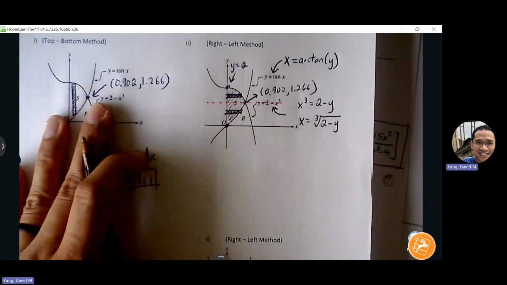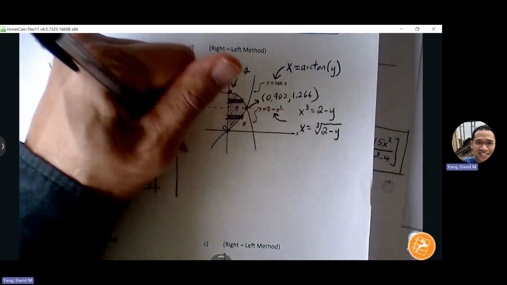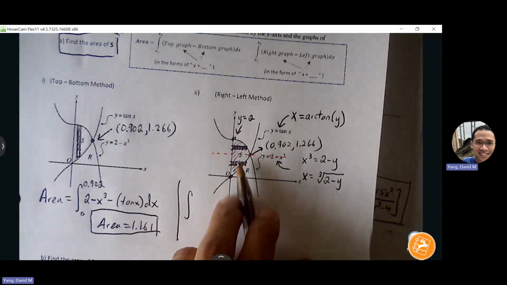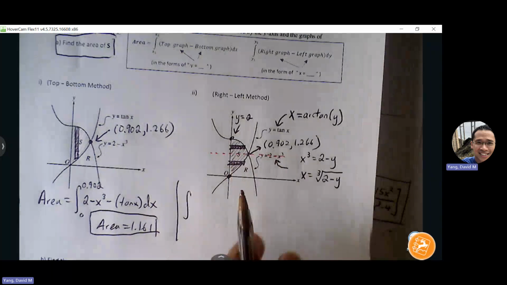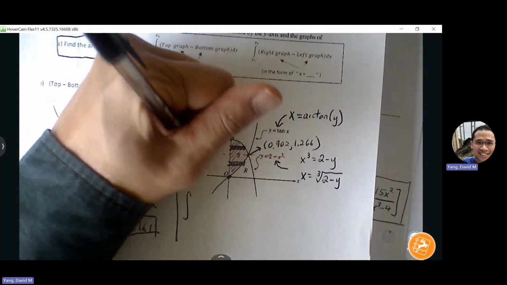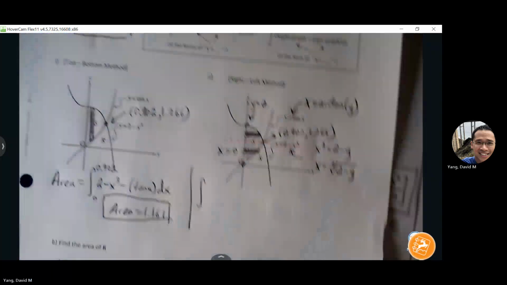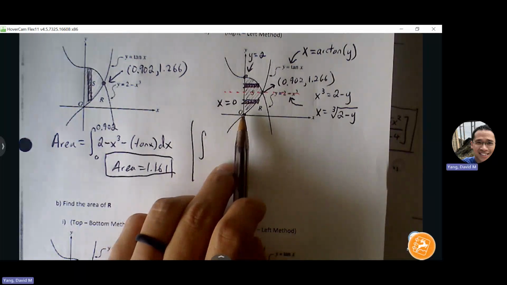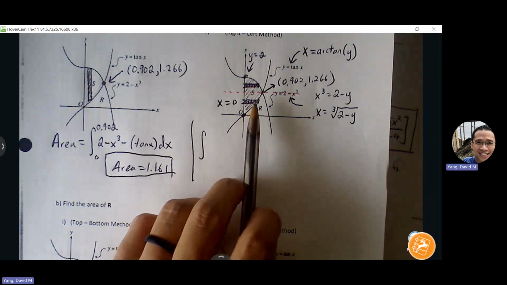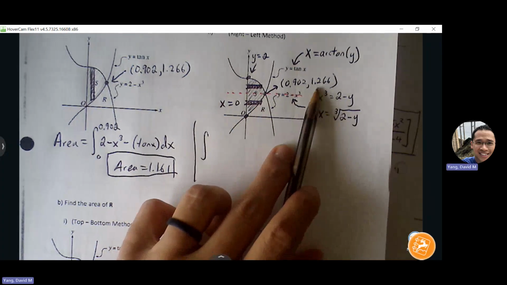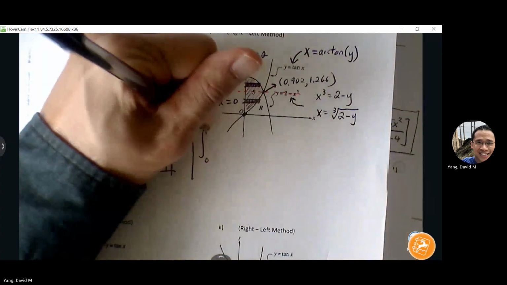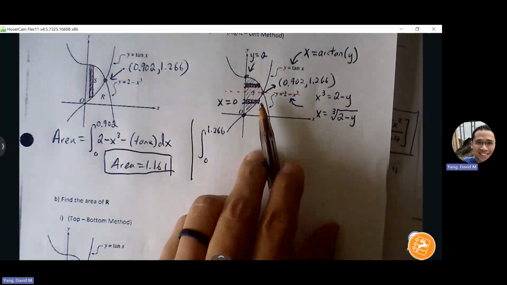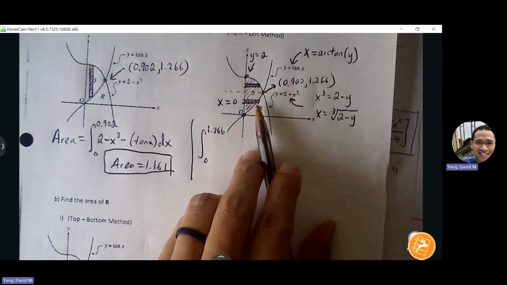All right, so let's set up our integral here. Let's start with the bottom region. We want to go from bottom to top in terms of y, and then right minus left. Every equation has to take on the form of x equals. Okay, what's my lower bound for my bottom region? 0 to what? Good. We want to choose the y value, right? Right minus left. What's the right curve of the bottom region?